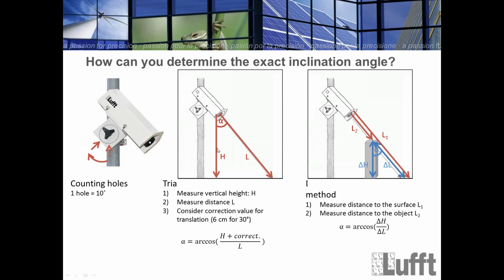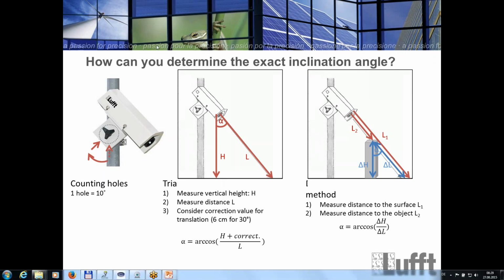There are two other methods. There's the triangulation method, and one method is using, let's say, the sensor itself without any additional help. So what are you doing here? I present it a little bit maybe on the camera.